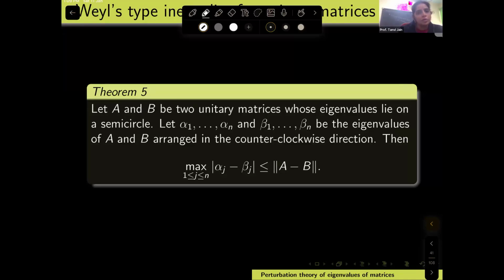Just draw two chords and have the eigenvalues starting from there. First of all, it will not be unique, and there will be a problem with the proof that I will be giving here.